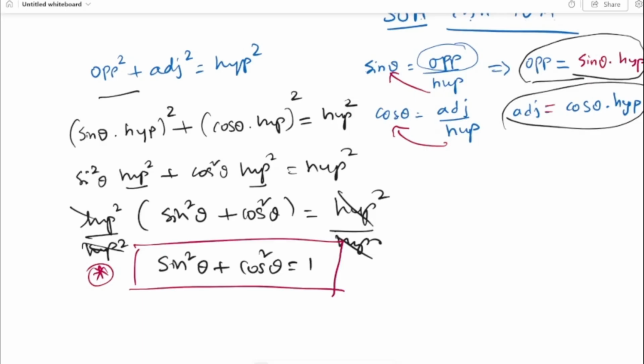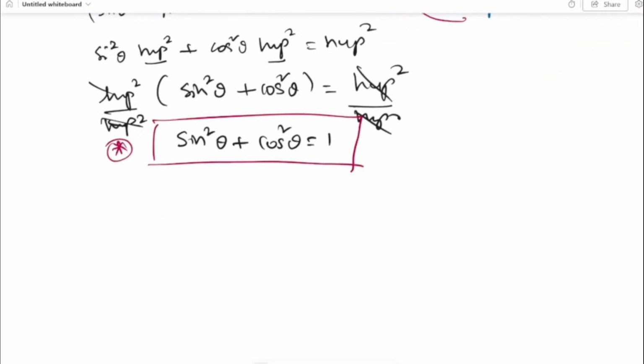You'll be using it in lots of problem solving. And you can play around with this because sine square theta plus cos square theta is 1. I'm going to move things around and express this same equation in different forms.